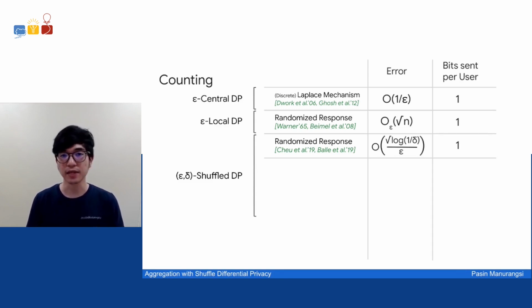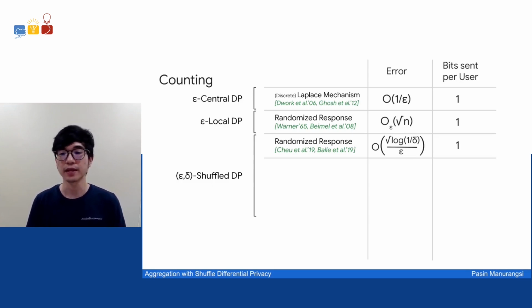And if you don't set delta to be too small, this square root log 1 over delta can be much smaller than square root n. But still, this square root log 1 over delta over epsilon is not quite the same as in the central model, where there is no dependency on the delta at all. So you might be wondering whether it's possible in the shuffle model to get the 1 over epsilon error as in the central model.